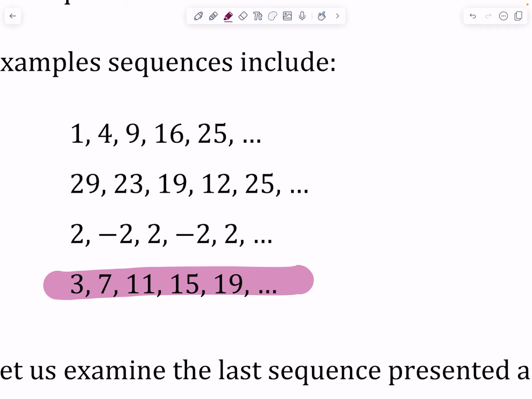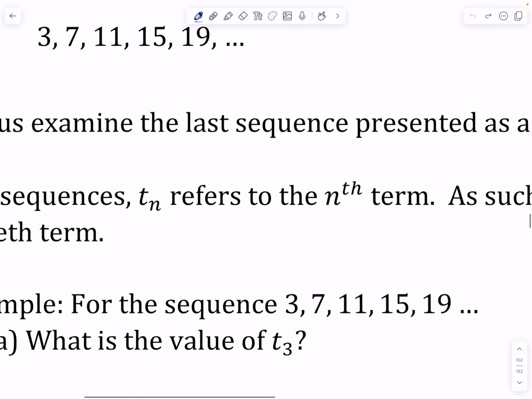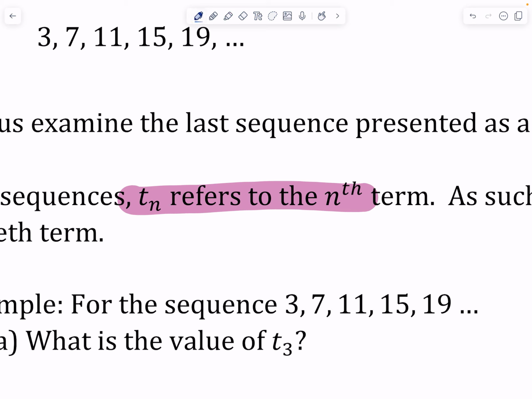So whenever we look at sequences, we can refer to the individual terms in those sequences. So Tn refers to the nth term. We've got that n in there as a little subscript. So it's not like Tn like that. They're not the same size. You have the T and then a little subscript n.